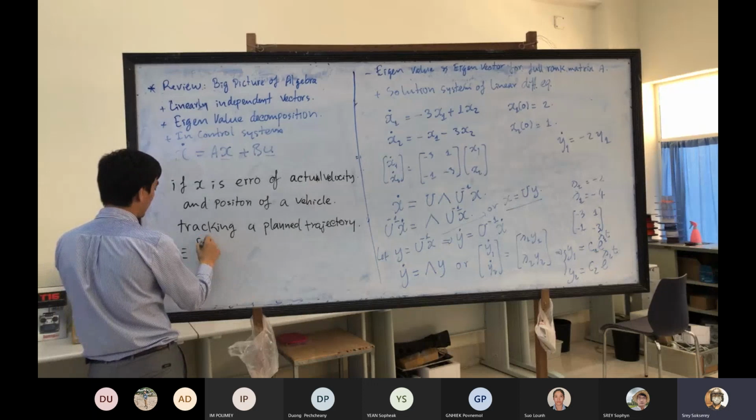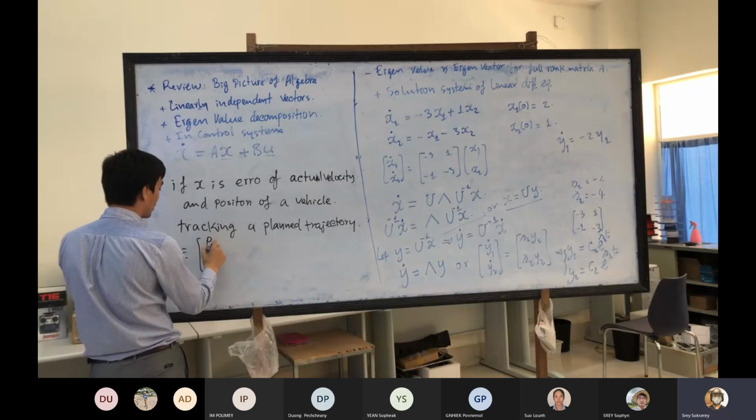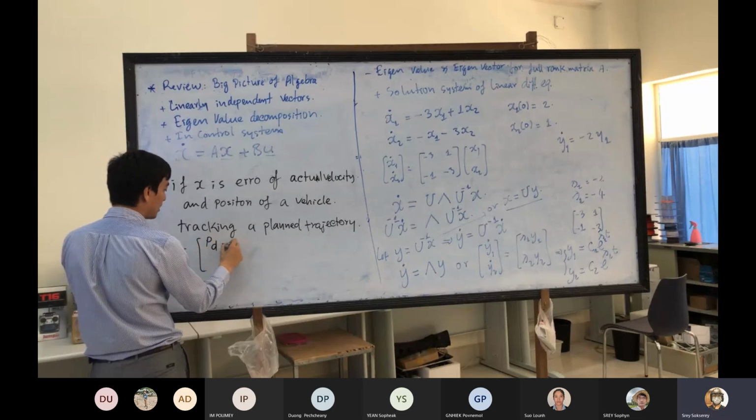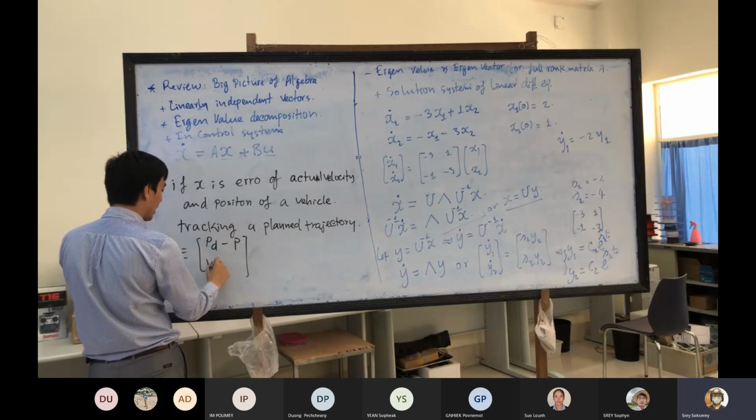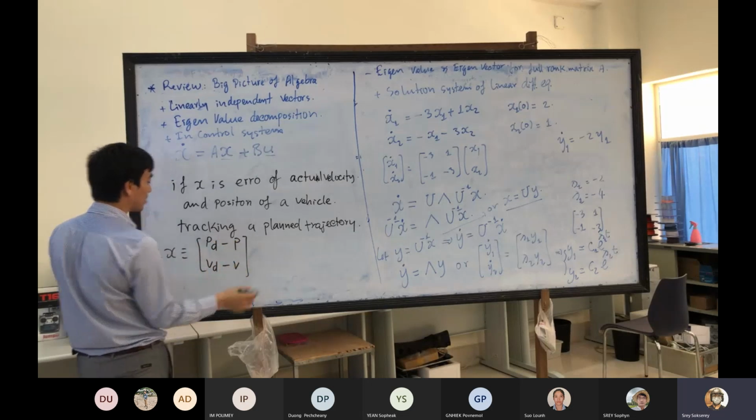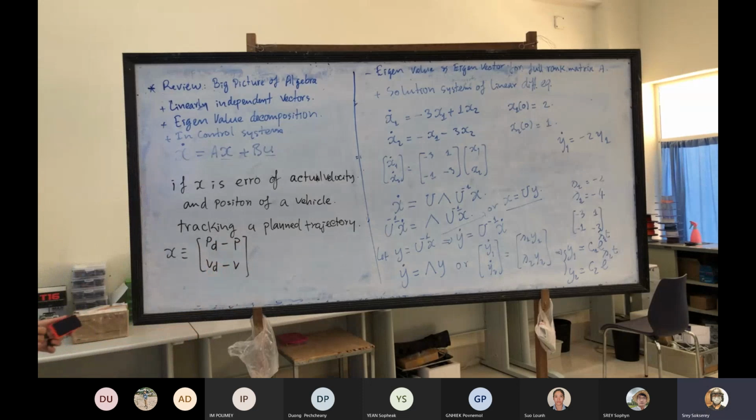Position should be okay: desired position minus actual position, and desired velocity minus actual velocity, for example, for a vehicle.